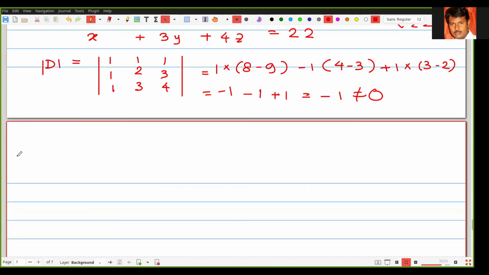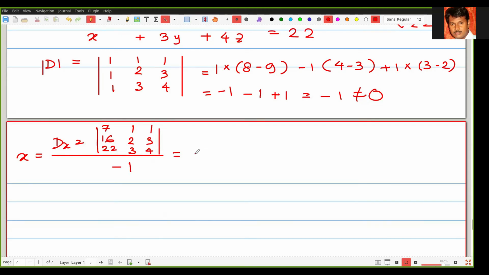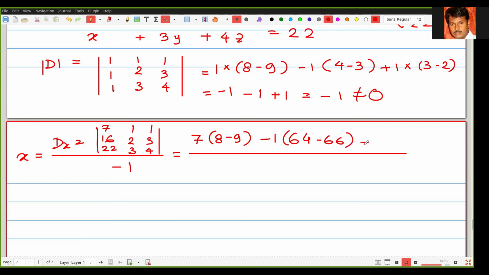So find the value of x here, that is dx is equal to 7, 16, 22, 1, 2, 3, 1, 3, 4 upon minus 1, or we can write 7 into 8 minus 9 minus 1, 64 minus 66 plus 1 into 48 minus 44 upon minus 1, or the result is minus 7 plus 2 plus 4 upon minus 1, or minus 1 by minus 1, the result is 1.